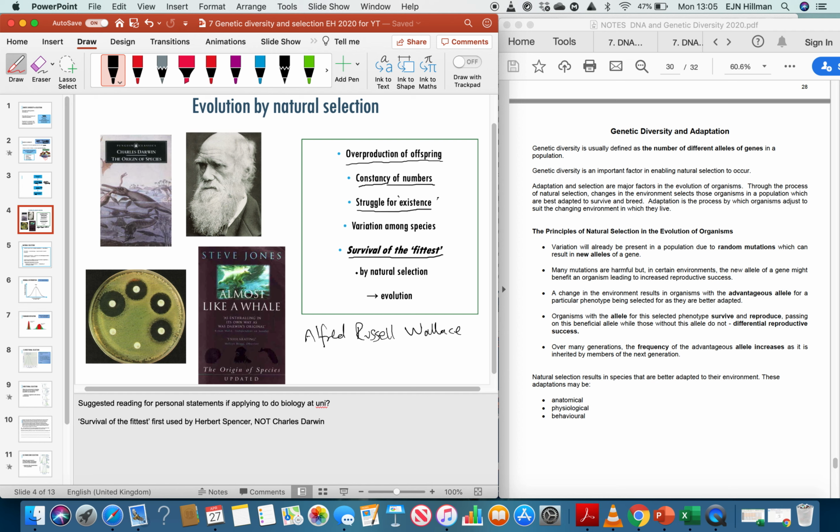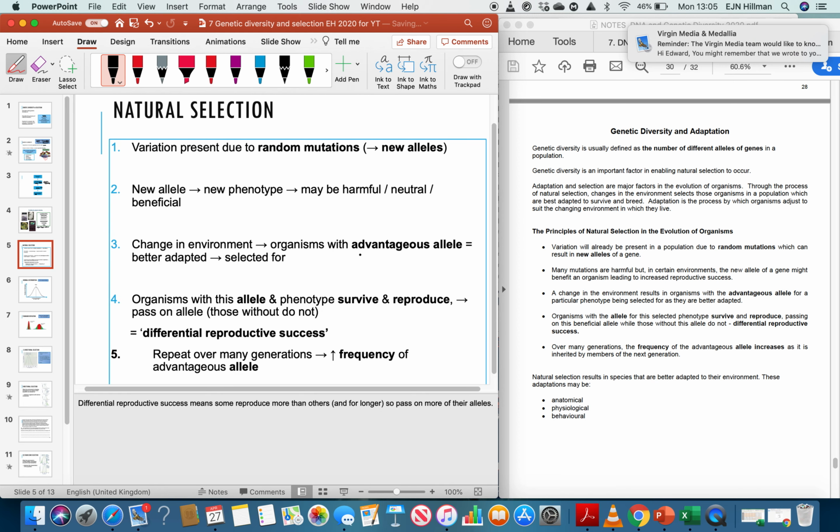The organisms with the selective advantage that we mentioned earlier on are the ones that are better adapted to survive a change. They reproduce more often. If they reproduce more often, their alleles are passed on more frequently. And that is a rough explanation of natural selection. Now, natural selection over many generations and over a really long time period can lead to evolution.